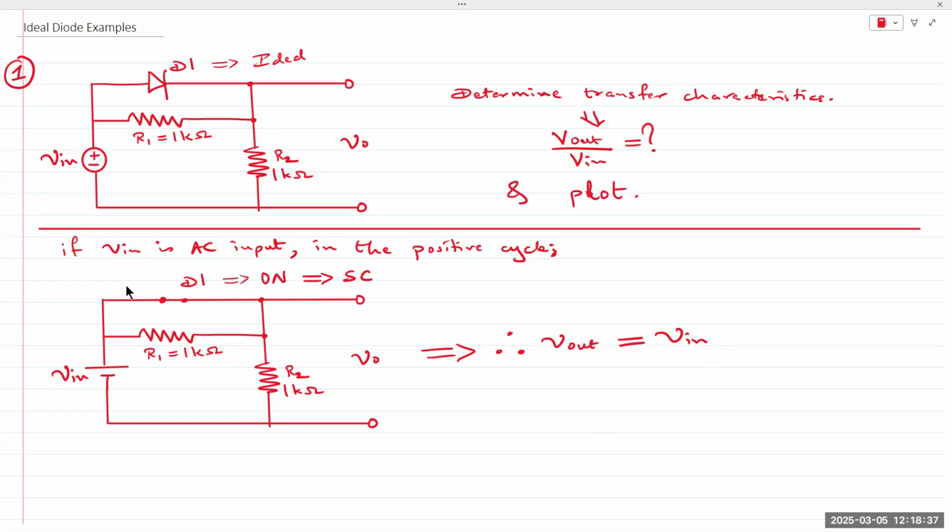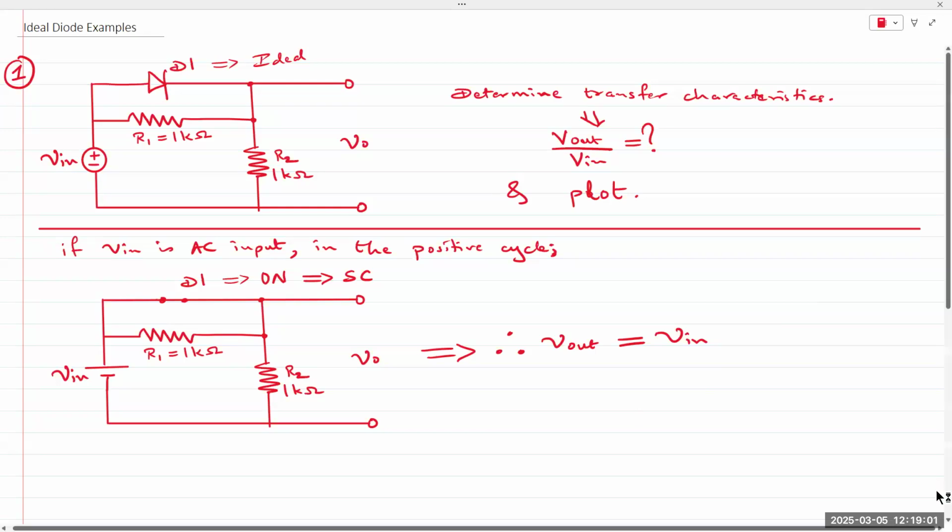The terminals are exactly the same. So V out is equal to V in. If you apply 1 volt, output is 1 volt. If you apply 2 volts, output is 2 volts. If it's a sine wave, output is exactly the same. Ideal diode, no resistance whatsoever, no drop. If you apply a triangular wave, you get a triangular wave output. It doesn't matter what it is, V out is equal to V in.